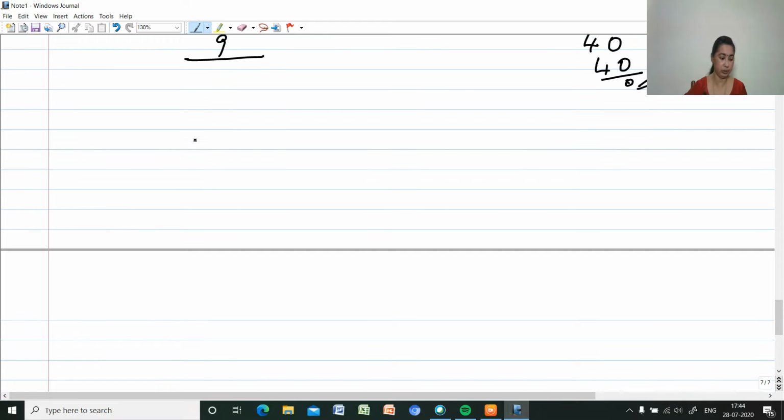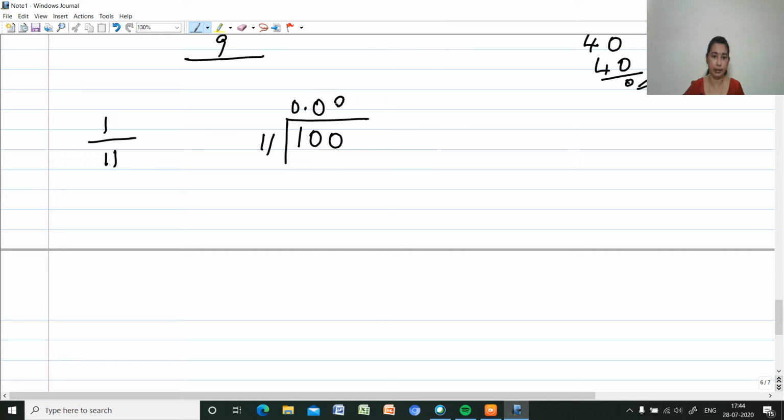Then some other rational numbers we'll find out. That is 1 by 11. How to find out 1 by 11? Same way, long division itself. 1 divided by 11. So here it won't go. So you have to put 0 point. If I am putting a 0 also, 11 will not go here. So again 1 0.